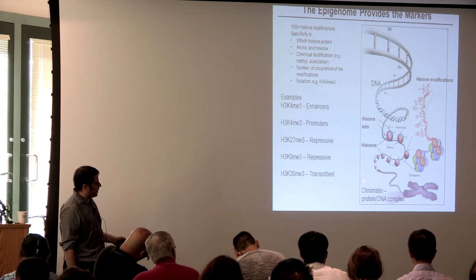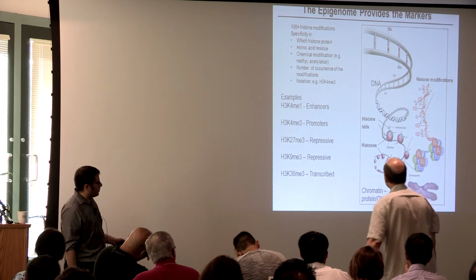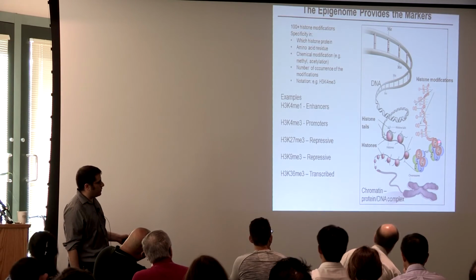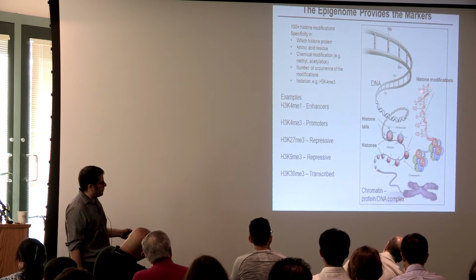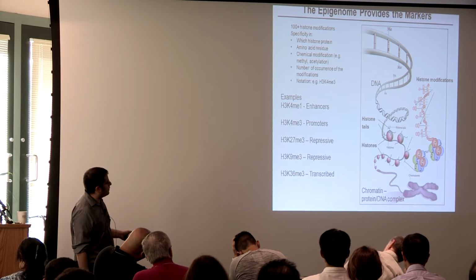This whole protein-DNA complex is called chromatin. And these histone proteins are subject to chemical modifications, typically on the tails, the amino acid chain tails of the histone proteins.